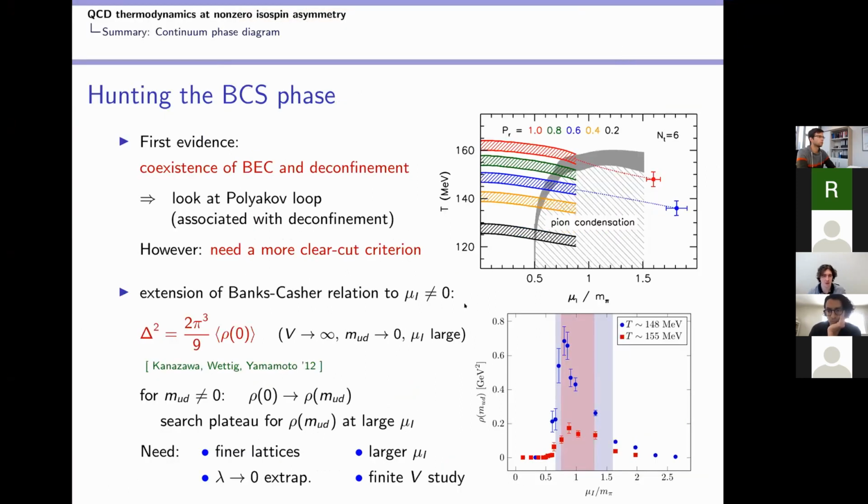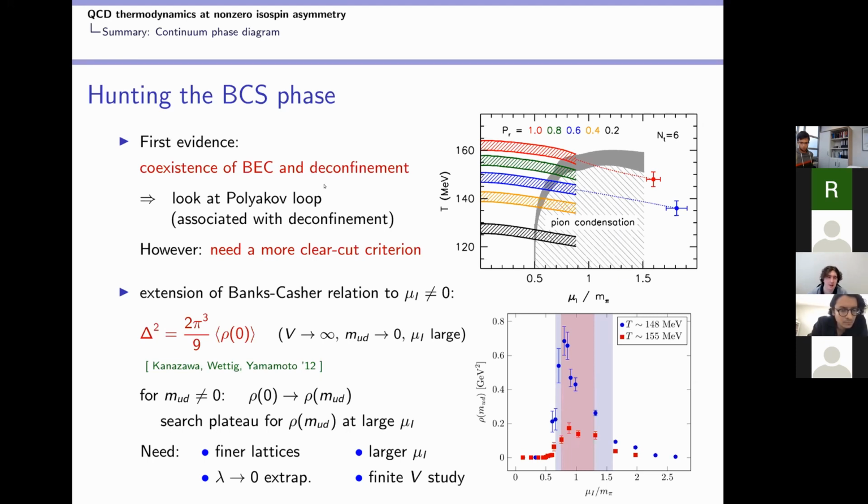All right, so what you can see here is also one of the conjectures. If you look at the difference between the Bose-Einstein condensed system and your BCS phase, then typically we think the difference is some sort of deconfinement taking place.